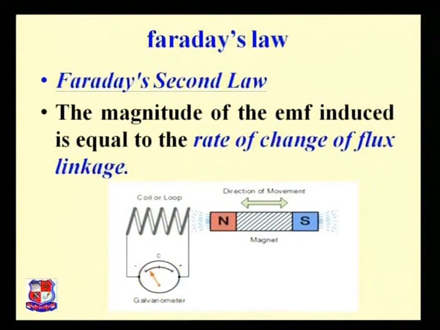So we derive the equation for induced EMF. First consider that we keep the magnet far from the coil and then put it near to the coil. Let's see the derivation.